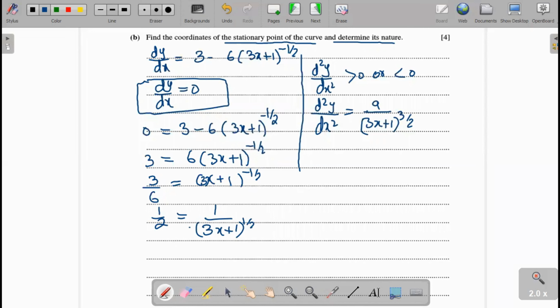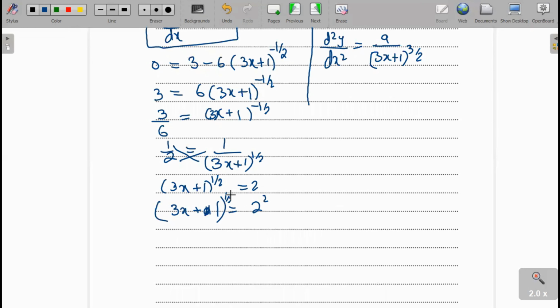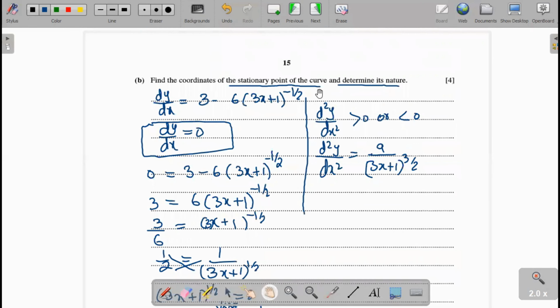Now we cross multiply, (3x plus 1) power 1 over 2 equal to 2. Taking square on both sides, we get 3x plus 1 equal to 4. Therefore, 3x equal to 3, x equal to 1.